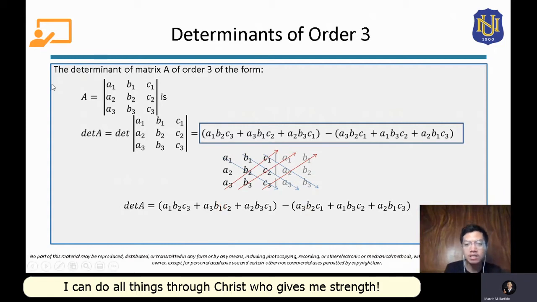Okay, so that's how we solve determinants of order 3. We are using the basket method.